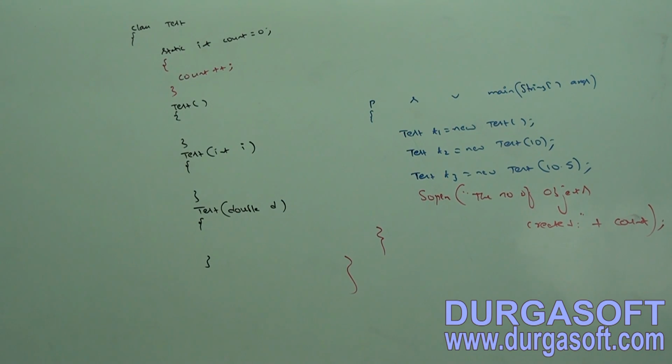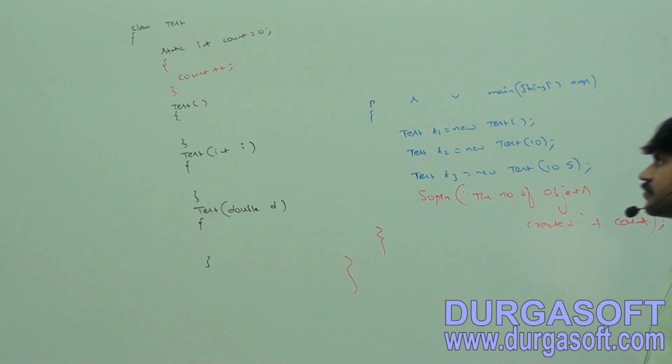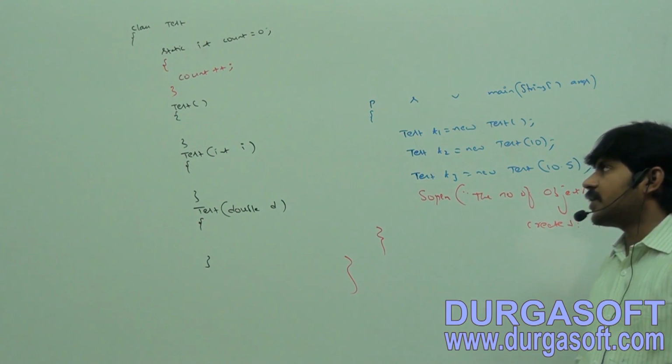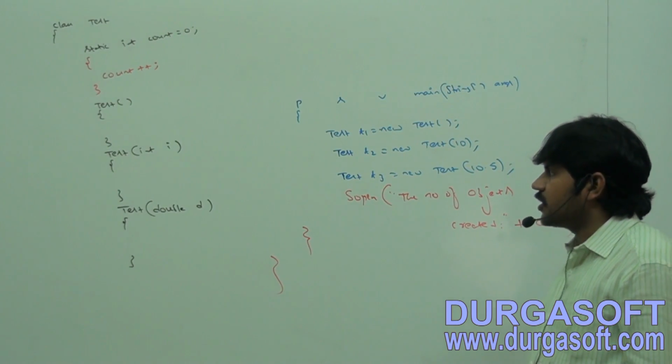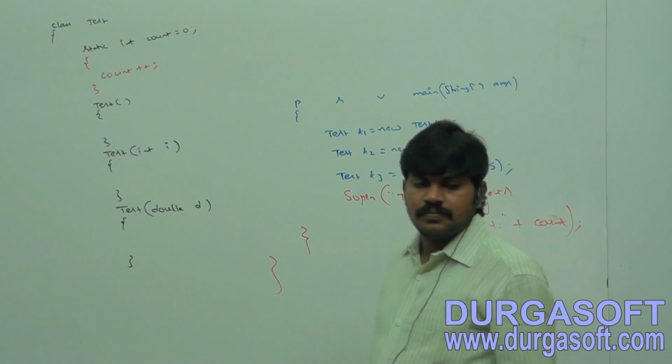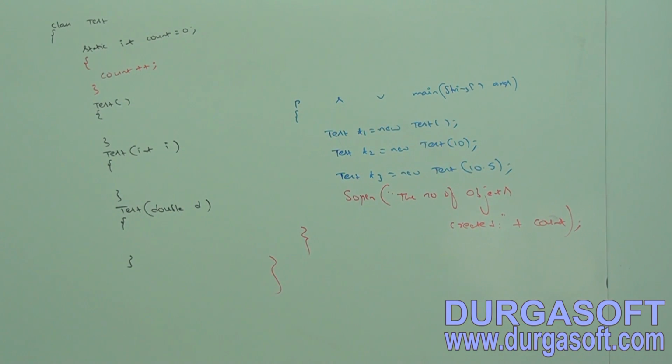Class Test. Static int count is equal to 0. Next, curly braces open and close, count plus plus. The instance block is the best choice for this requirement. So this is the demo program showing how to use an instance block.